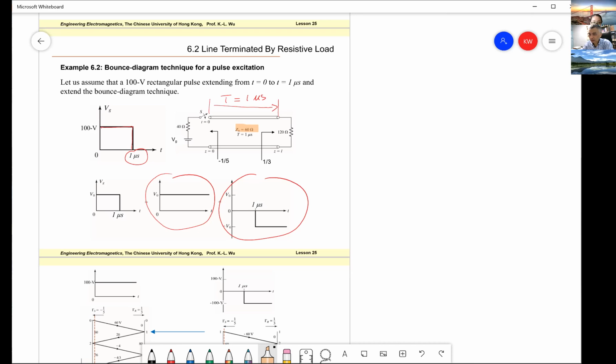Then we expect a reflection at the terminal side because the terminal is 120, and we also have a reflection at the source side because the source resistance of 40 doesn't match the transmission line. Then we can easily find the voltage reflection coefficient. On the load side it is minus 1/5, and on the source side it is 1/3.